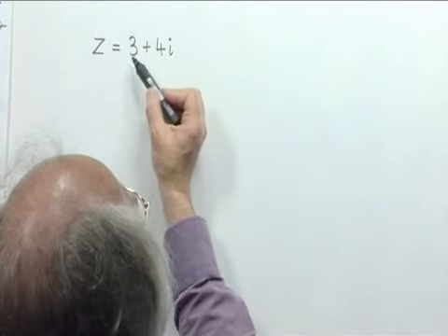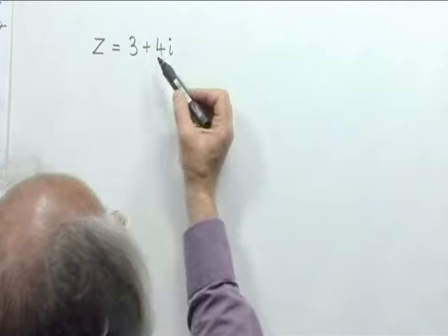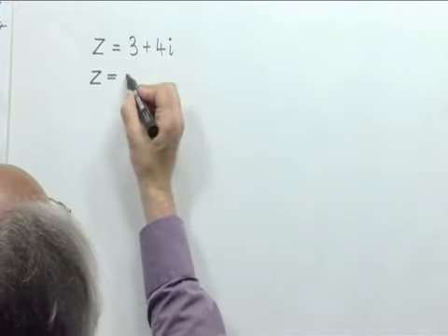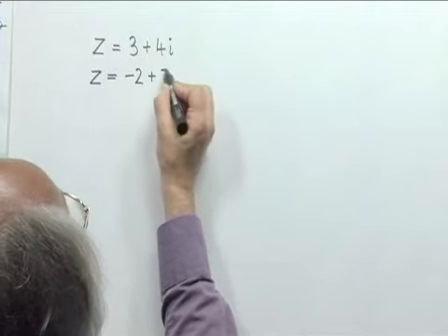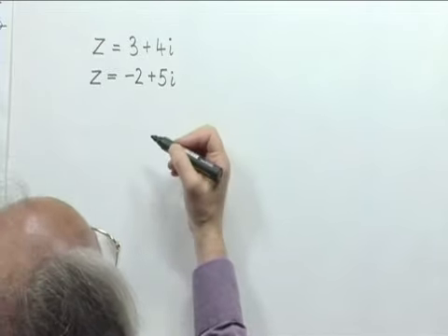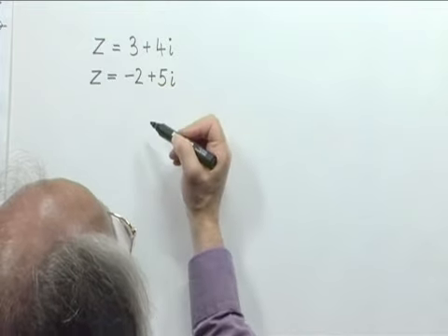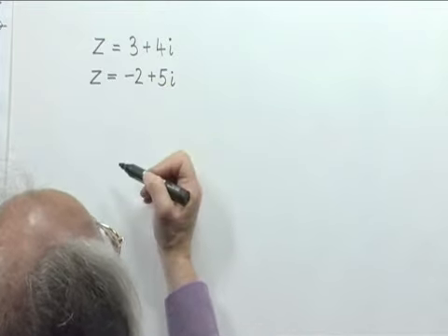So the real part's 3 and the imaginary part is 4. Suppose z was minus 2 plus 5i. Here, the real part is minus 2, and the imaginary part is 5.